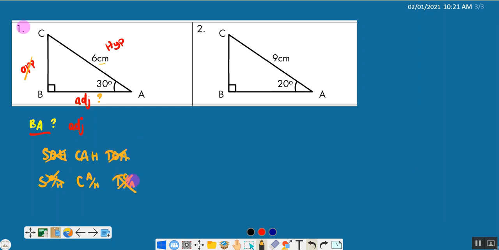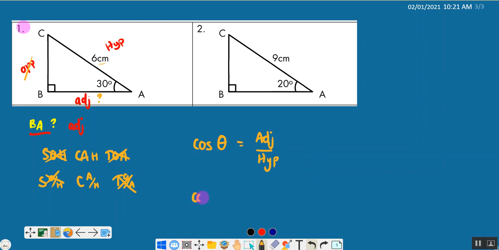So actually, it's not sine, it's cosine. Okay. So we then know that we're going to pick that one out. The cosine of theta, which is the symbol for the angle, is equal to the adjacent side divided by the hypotenuse.